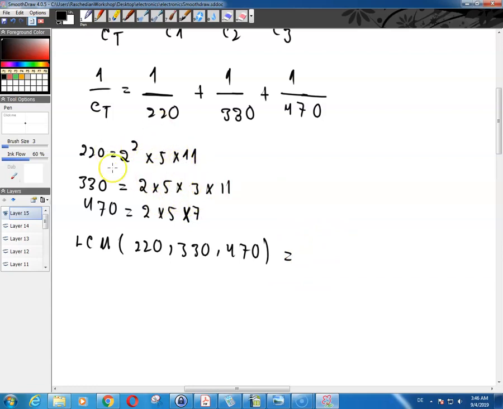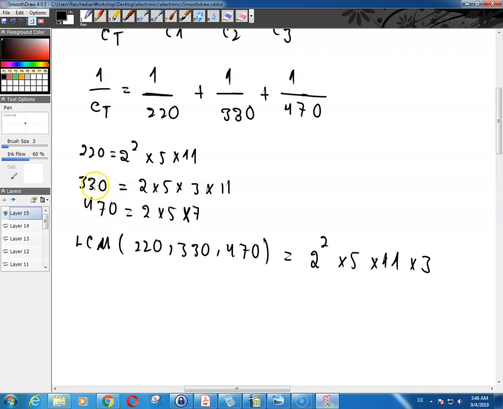For 220, I need 2 factors of 2, so I add 2 factors of 2, 1 factor of 5, and 1 factor of 11. Now for 330, I need 1 factor of 2 and 1 factor of 5, which are already here. 1 factor of 3, so I add it here. And 1 factor of 11, which is already there.